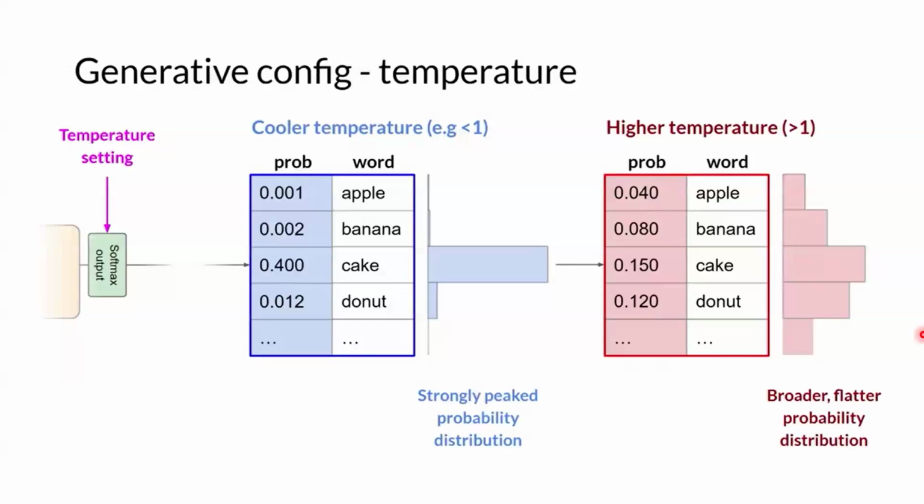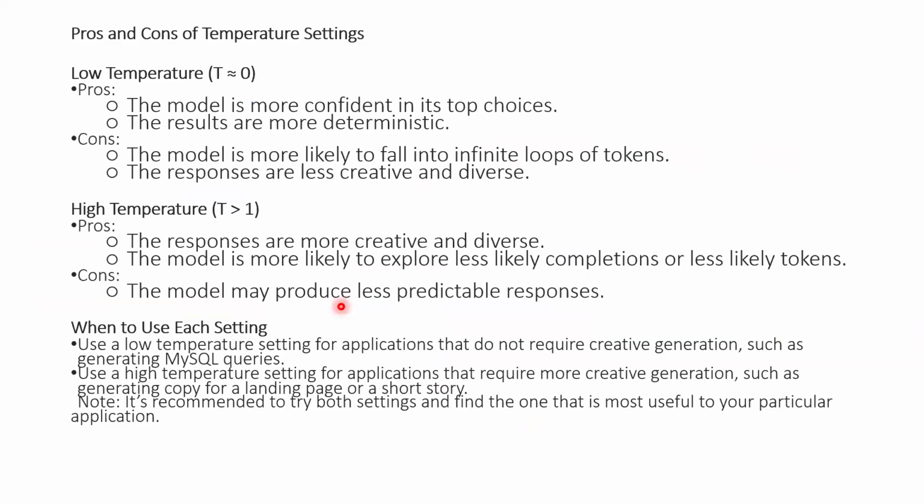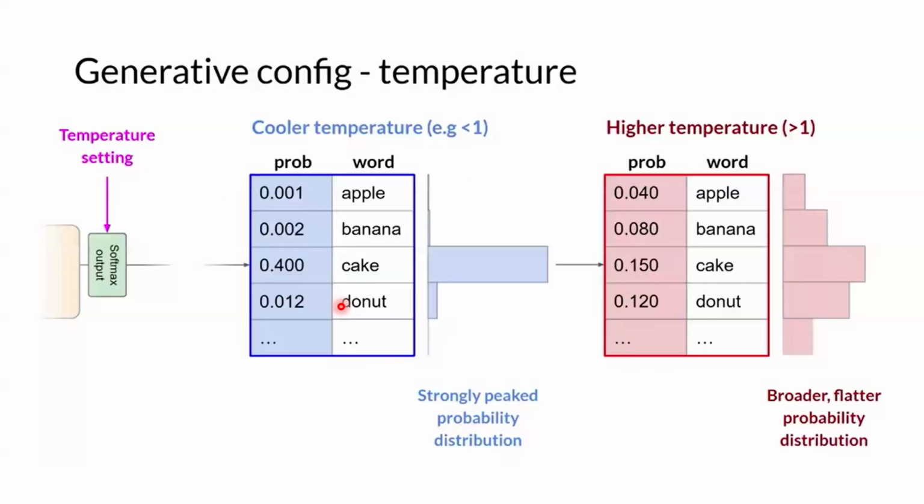There is something called temperature. When we have a low temperature set, it will strongly peak the probability distribution. Let me take the next slide. So at 0.4 it will peak the distribution basically. When the temperature is high, it will flatten the scores.